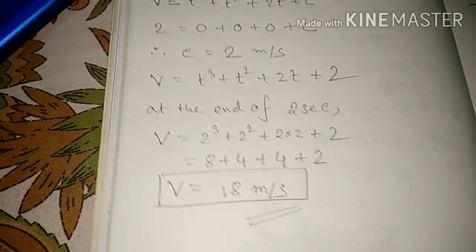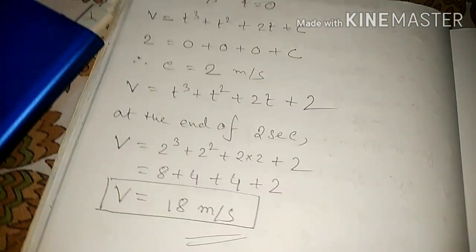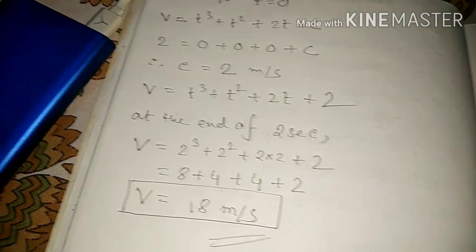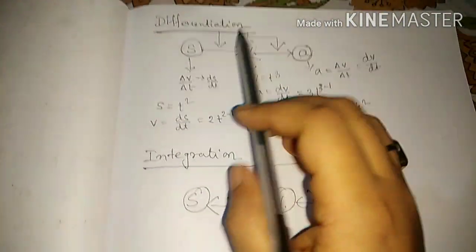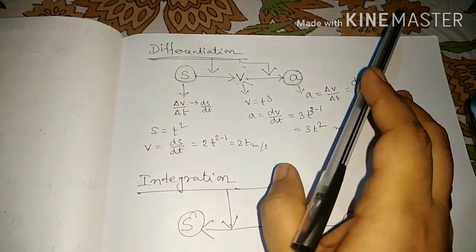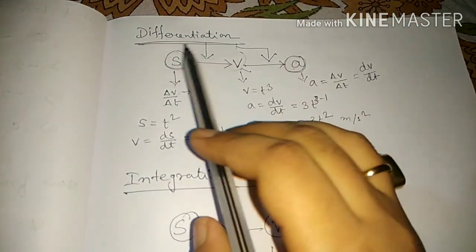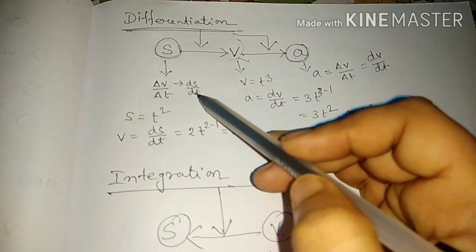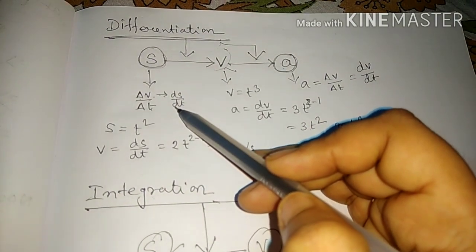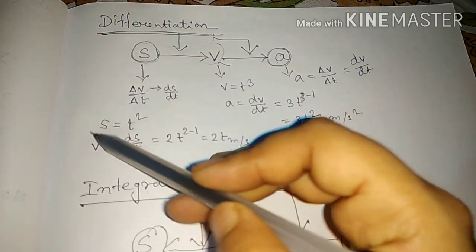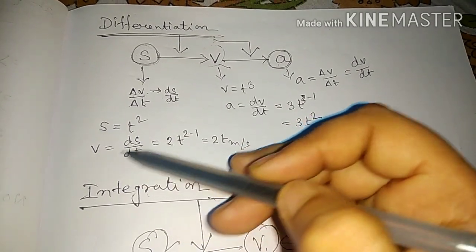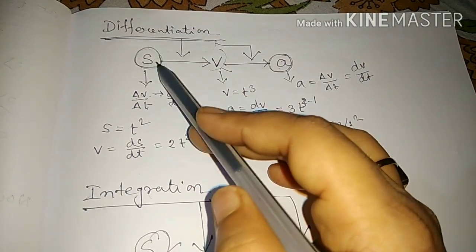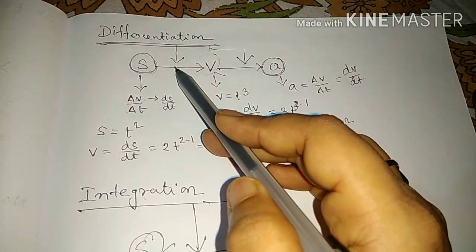So now at last I give you a simple concept about differentiation in a very short, simple way. Here we use three variables, s, v and a. Velocity is the rate of change of displacement. When the time is very small, we use dt, that means ds by dt. So if s is given, to find v we use differentiation.